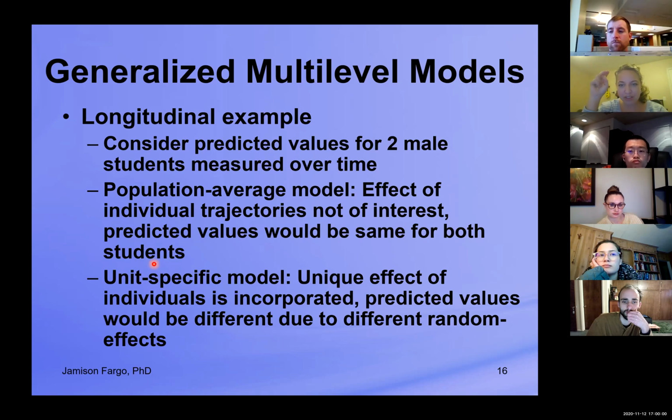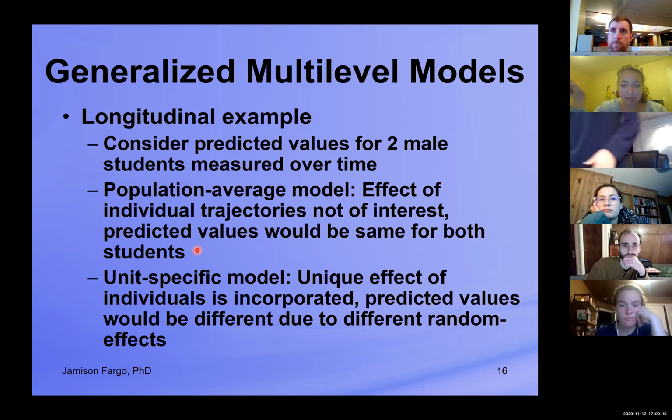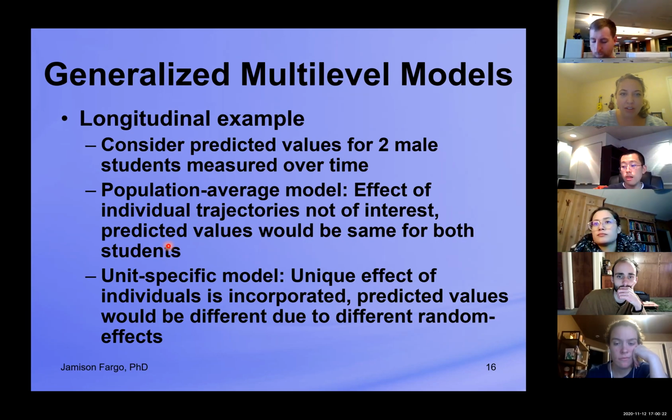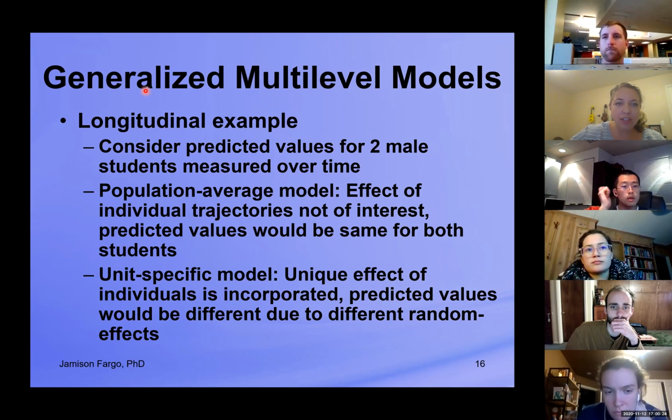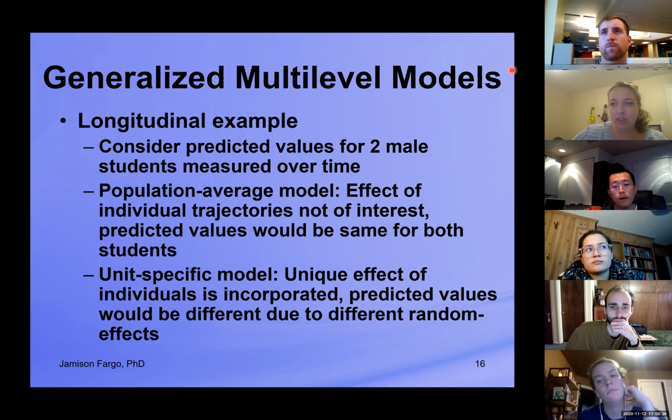So now person is level 2 and the observations are level 1. So we got 2 boys being measured over time. In the population average model, the effect of individual trajectory is not of interest, so those 2 boys' predicted values would be the same. Whereas with a random effects model, the 2 boys would get different predicted values because they would have unique random effects.